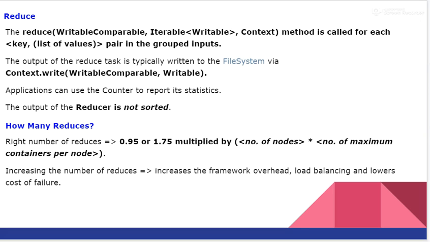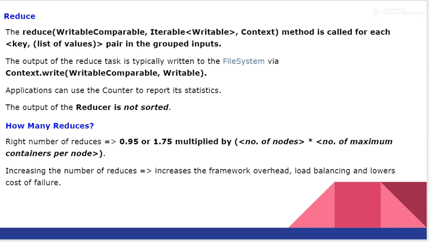You get the input as the key, which is a subclass of the WritableComparable class, which could be LongWritable, Text, or an integer. And you have an iterable list of values coming out of the sort phase.